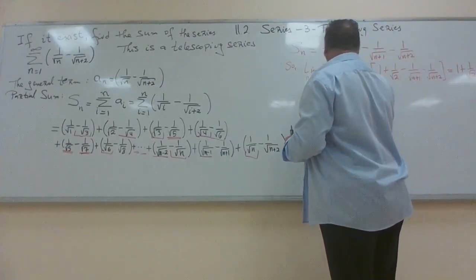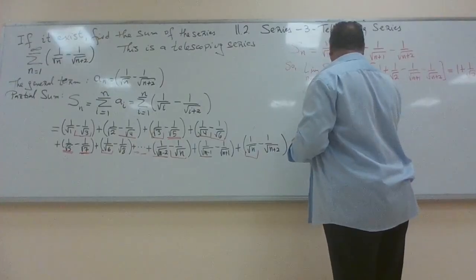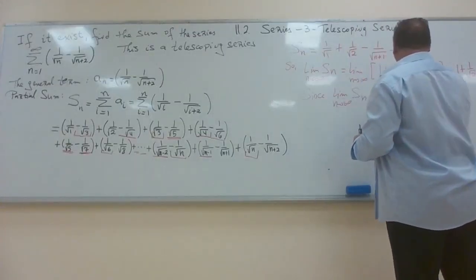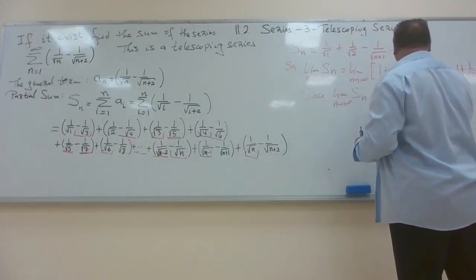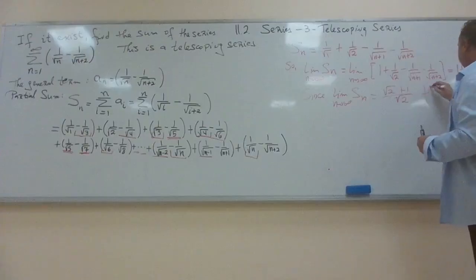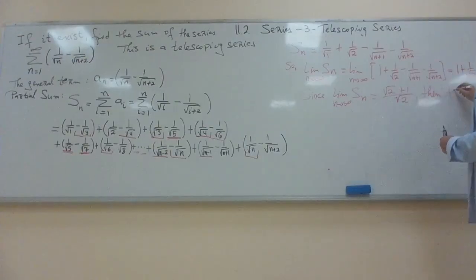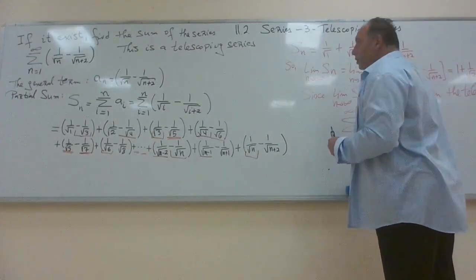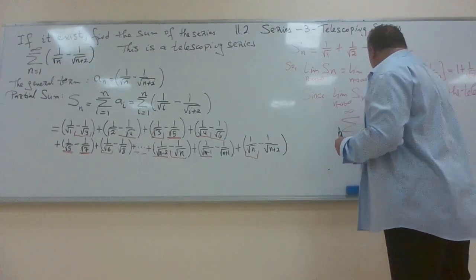So since the limit of the partial sums is a fixed number, then the telescoping series, so I'll copy the series.